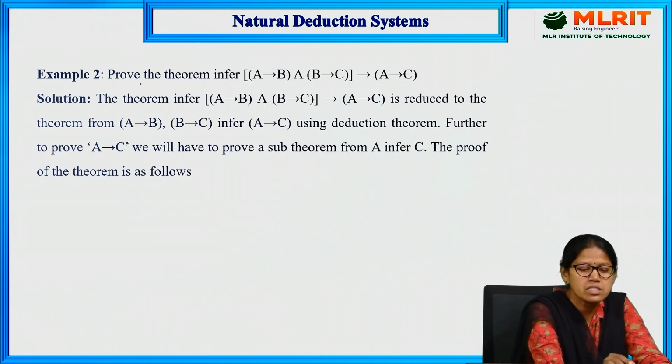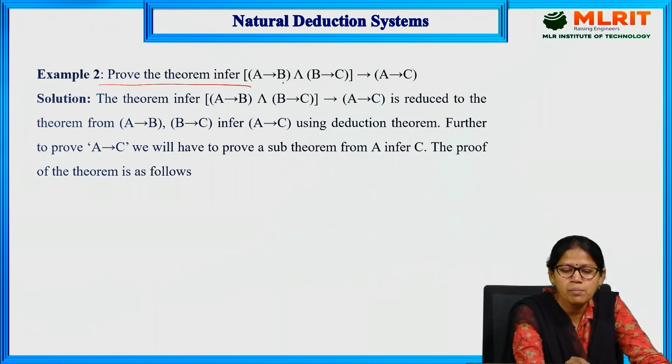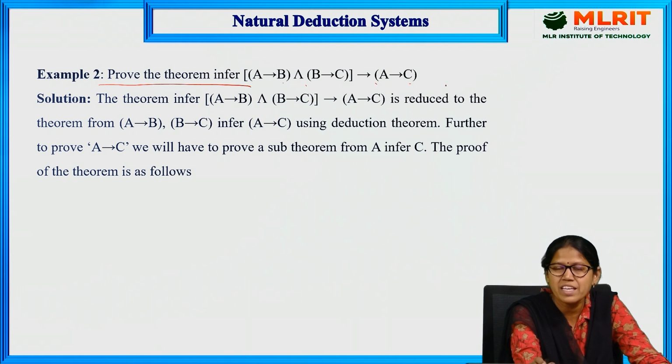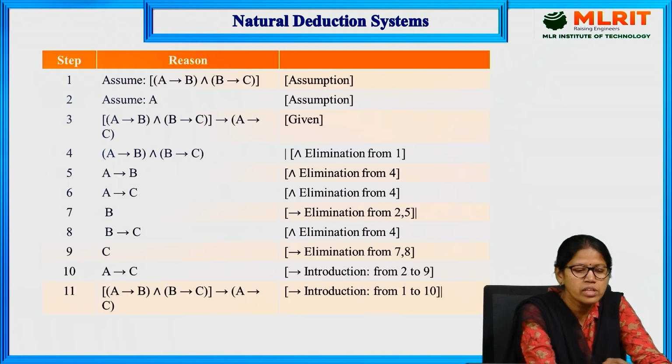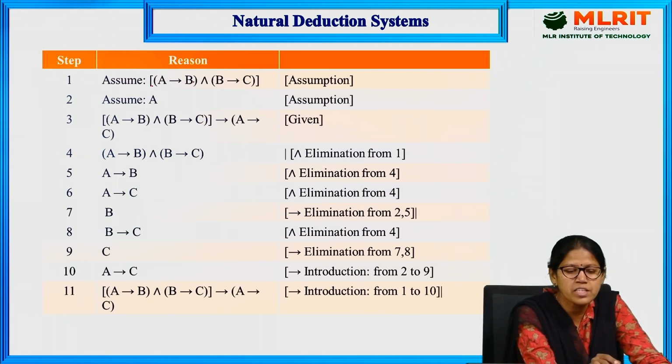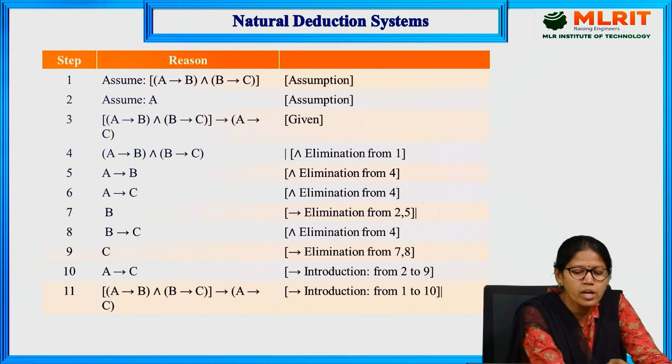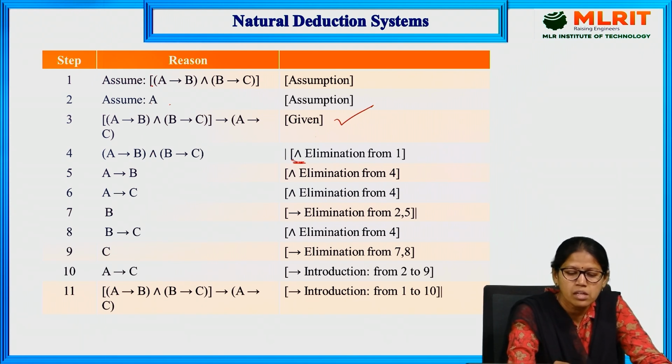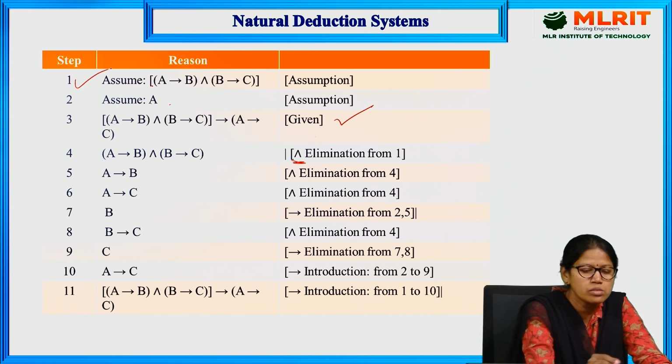Let's see the next example. A implies B and B implies C, therefore A implies C. So here assume that A implies B and B implies C as the assumption. In the next one, we have assumed A, and after that, what is the given value we have taken, and eliminate the and symbol from 1. So we have eliminated.